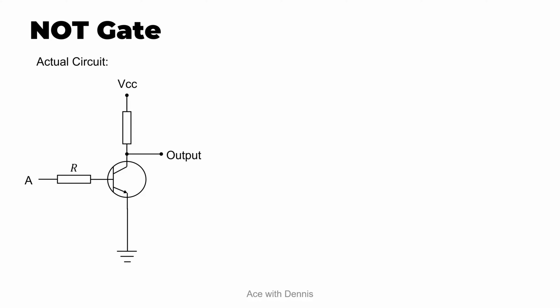And at this point, this is where the output is measured. So this is the symbol for a NOT gate, which looks like this, where this is the input A and output.